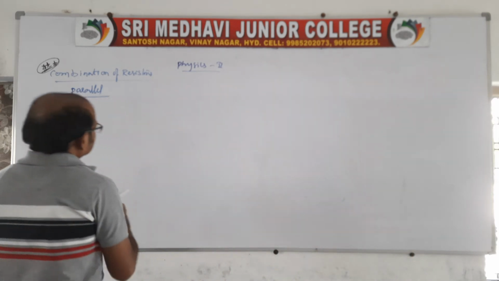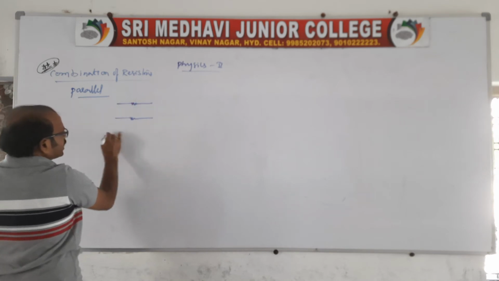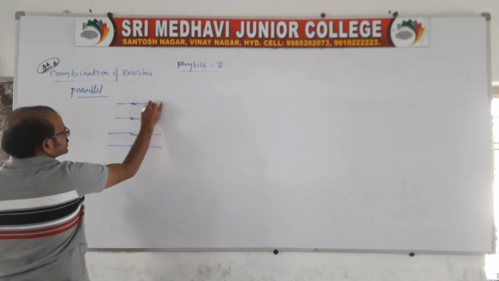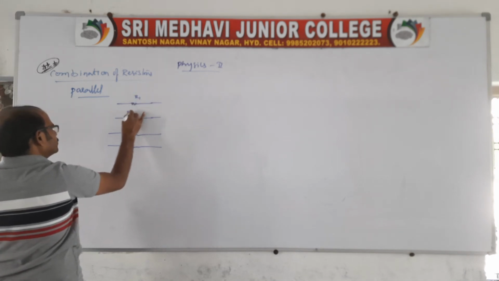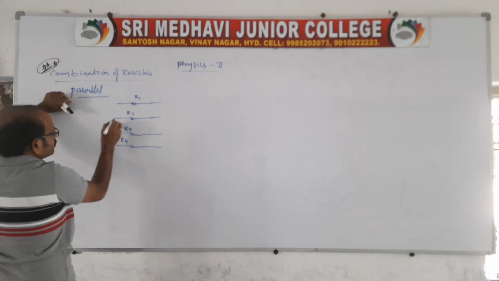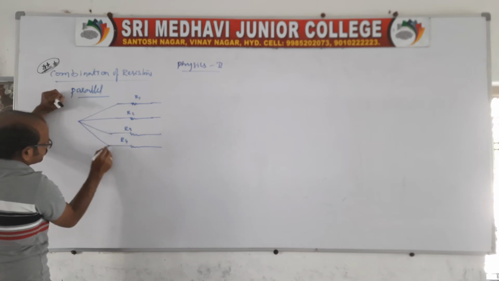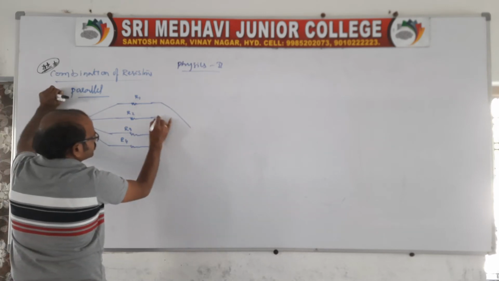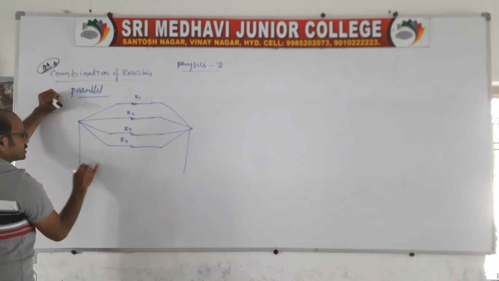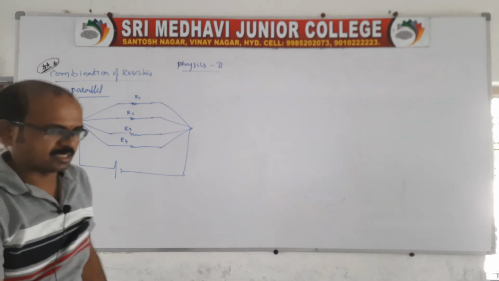Your wish, you take any number, say each resistor is R1, R2, R3 and R4 and so on. All first terminals are connected at one point like this and all second terminals at the other point. That's all. This combination we can call the parallel combination.